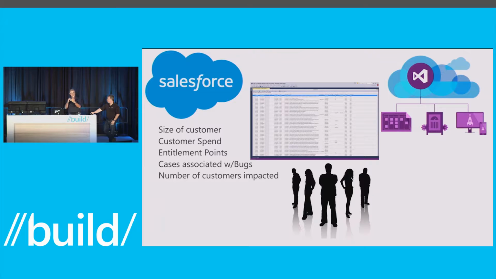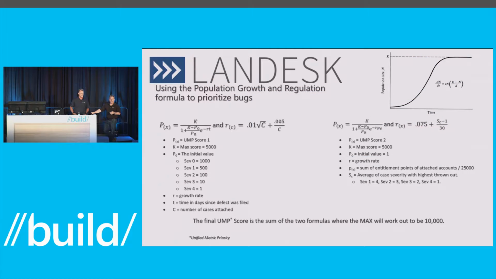Cases are naturally connected to contacts and accounts. And so now they have more information about that bug right at their fingertips through Salesforce. So they will know how many customers are affected by a particular bug. The big customers that are spending lots of money with them, maybe it's a deal that's pending. They will know what bugs are affected by them, so they can utilize all of that information. So now they can prioritize that.